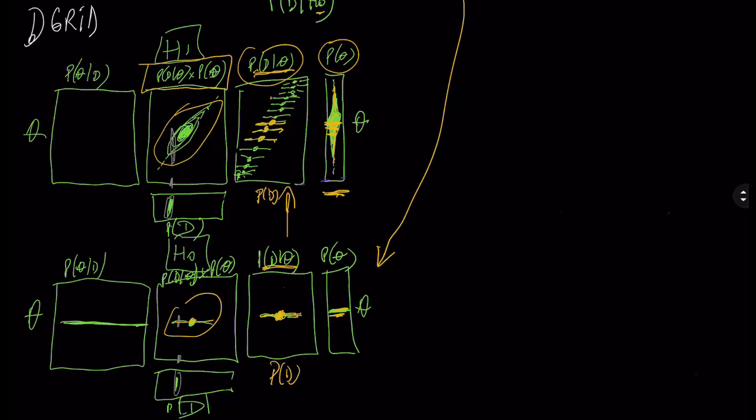And then, let's say the data is here, the sum of these values or the integration of these values will be the probability of the data for model H1, and for this value, I don't have to add anything because it's just one possible value there.